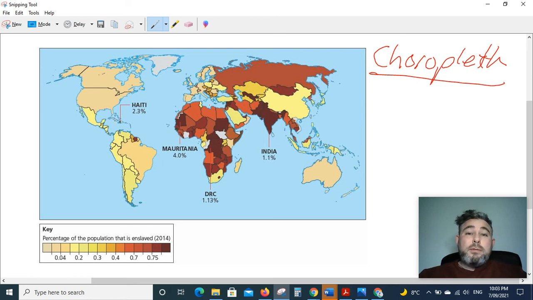So a choropleth map does use colors, and the most effective choropleth maps, which are probably drawn the best, will tend to use one or two colors, grading between the two. So from a light to dark color. That's not always the case. Sometimes choropleth maps have multiple different colors, but you just got to deal with the one that's been put in front of you.